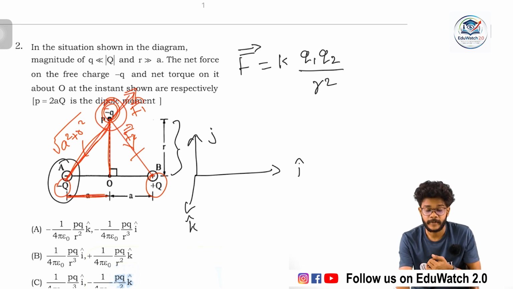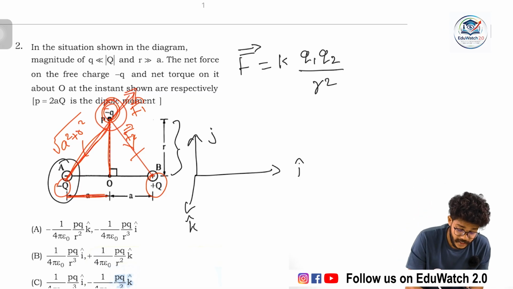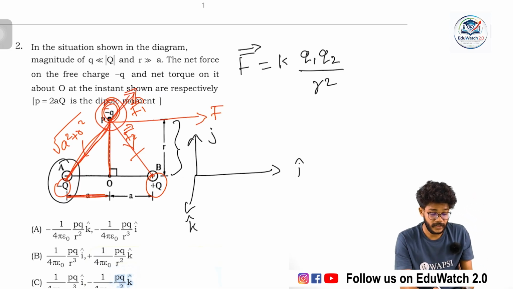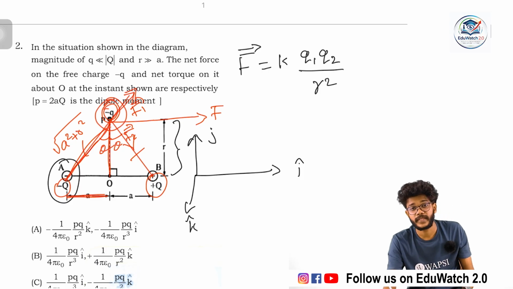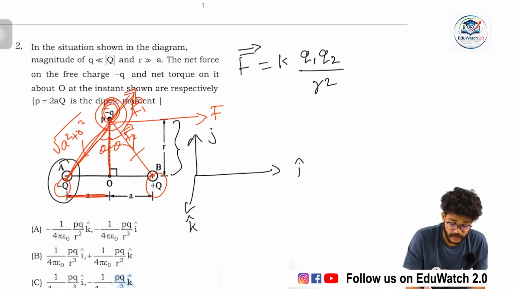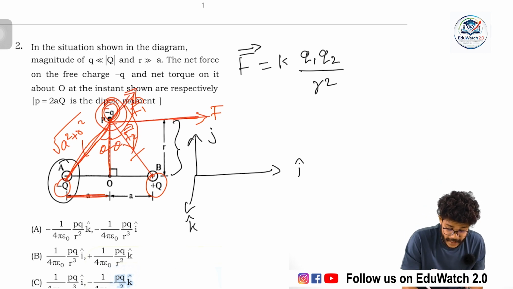And what will be the resultant force? The resultant force is along this, because the magnitudes are the same, and this angle and this angle are also the same. That's why this direction will be the middle of this total angle, and that is along the I direction.